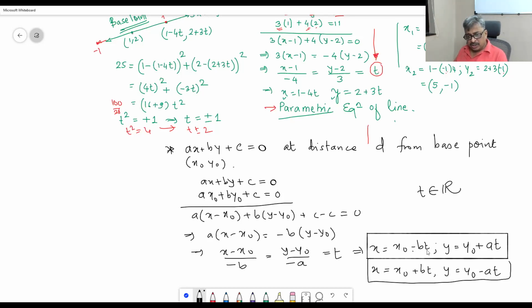So it's a parameter, and suppose the base point is here, whether you decide this side as positive t or this side as positive t, it is not required to be decided, it is automatically going to happen. So both these formulae are exactly the same because t is a real number, positive as well as negative. Understood? So you can remember the first one or maybe the second one.